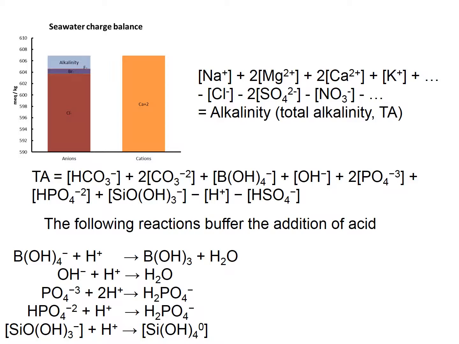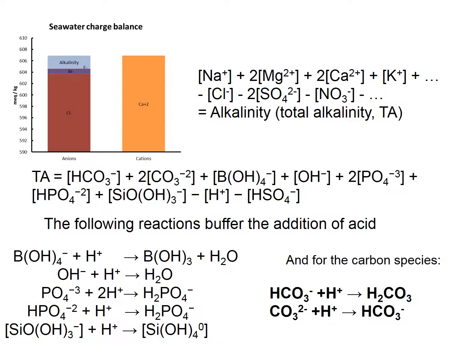This is borate, and that can balance any addition or subtraction of hydrogen ions. Okay, and critically for the carbon species, these make up most of total alkalinity. These are the most important ones. So if we start to add hydrogen ions to the ocean, then we can basically counteract that by using up some of our alkalinity and forming one of these.